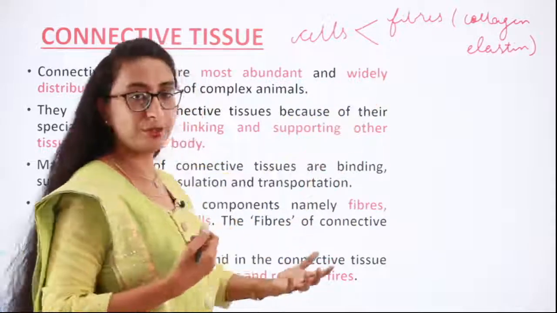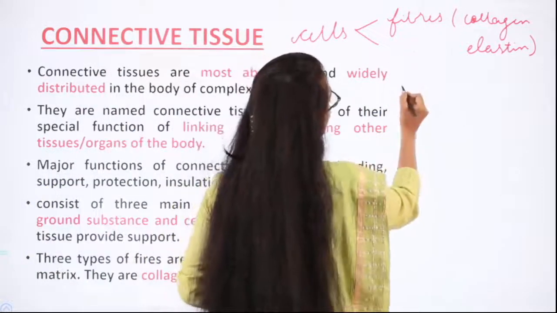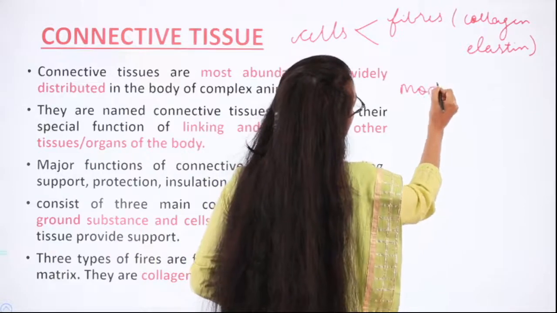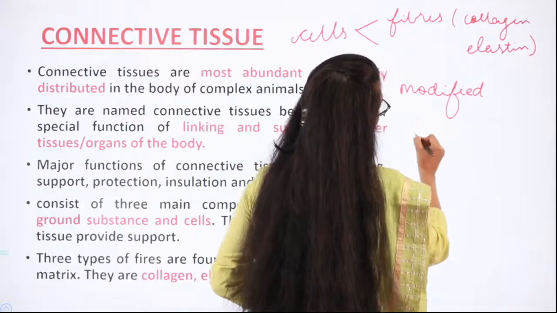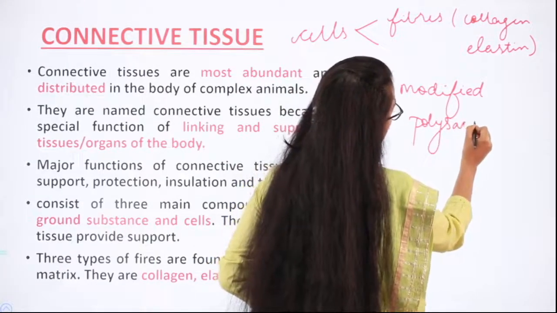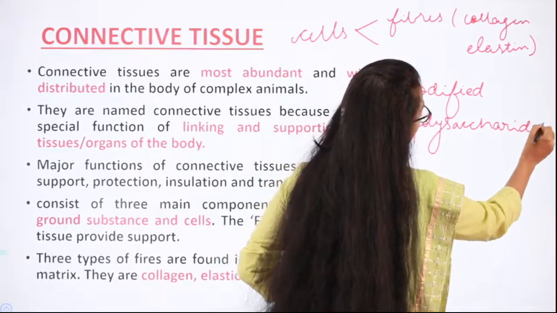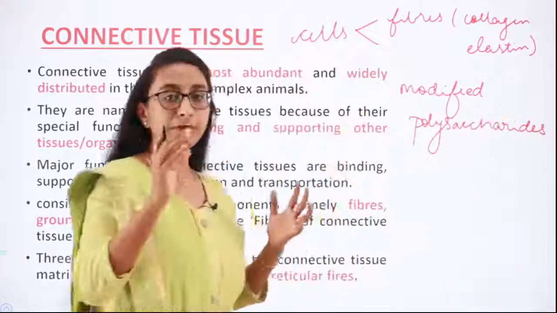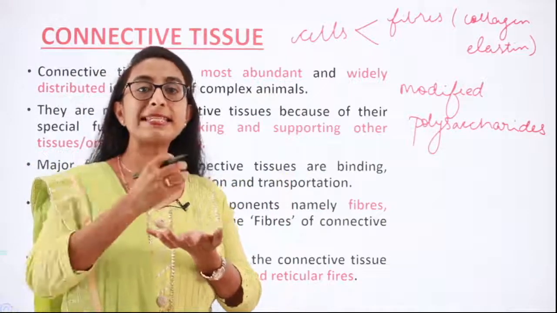And in addition to that, they also secrete modified polysaccharides. So the connective tissue is composed of a matrix in which the cells are suspended.